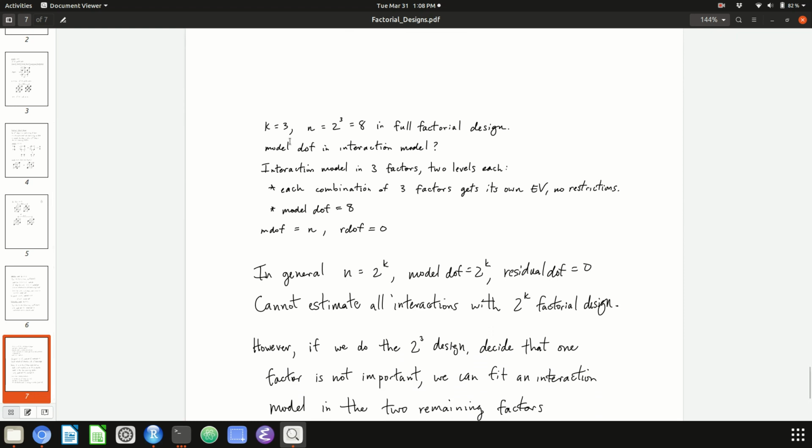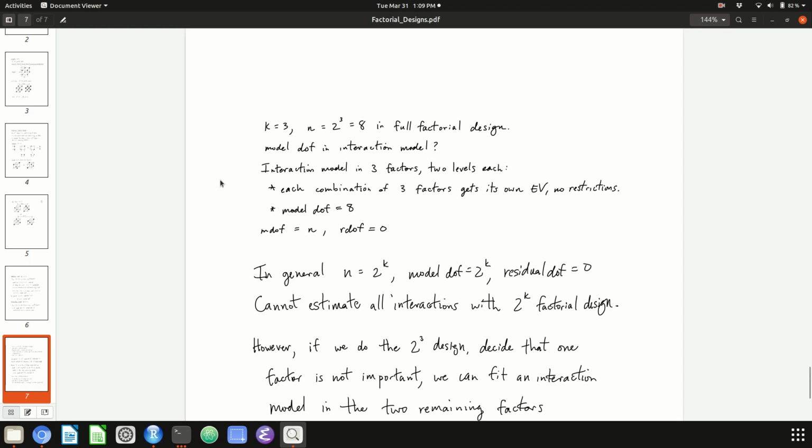If there's 3 factors, the way to think about this is we have 8 possible combinations of these three factors. And in the full interaction model, there's no constraints on how those expected values have to be related. And so the model degrees of freedom is 8.